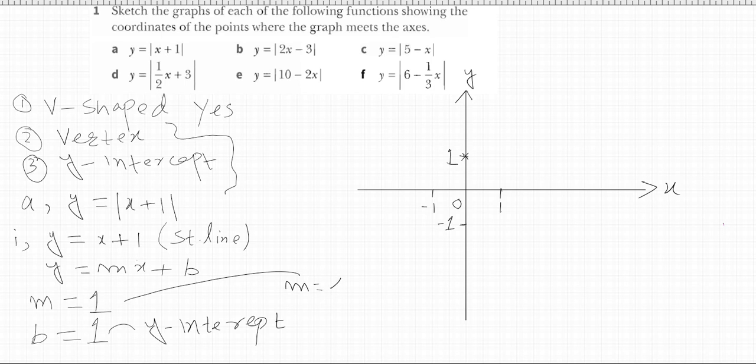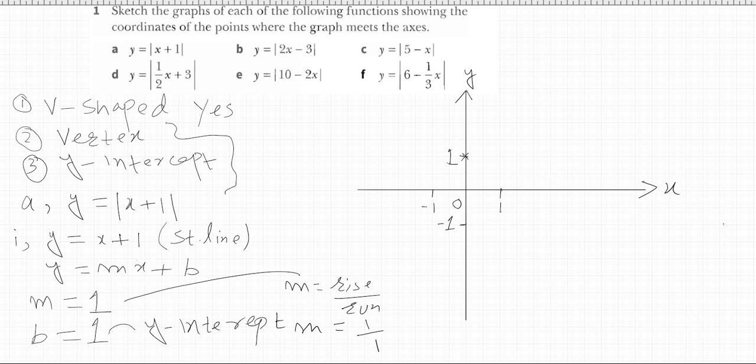Gradient is just rise upon run. This is the formula of gradient. In this case, our gradient is 1, and what is in the denominator? Nothing. If nothing, then 1.